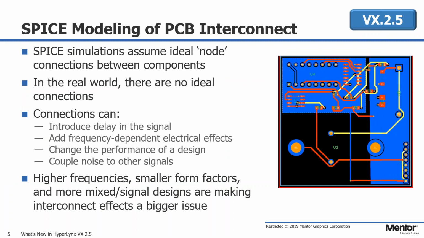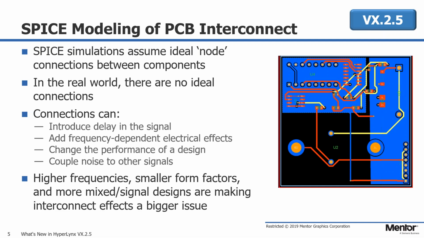The issue that we're addressing is really in the SPICE realm, where you have interconnects in an analog design, and you want to get the transient effects, the transmission line effects that are going on in between the interconnects. Usually with those slower analog designs, you don't really care too much about those aspects, but there are some situations where the frequencies are higher, or the form factors are such that these interconnect issues become part of the problem.